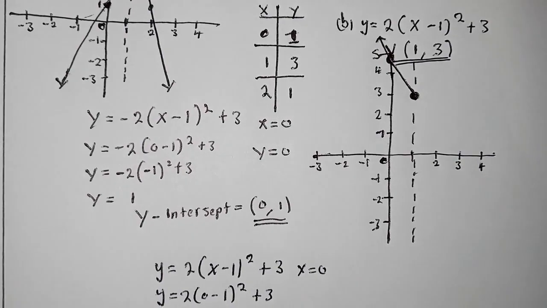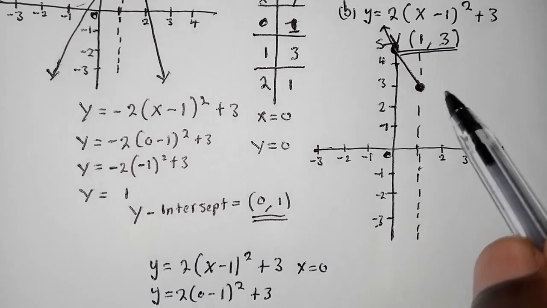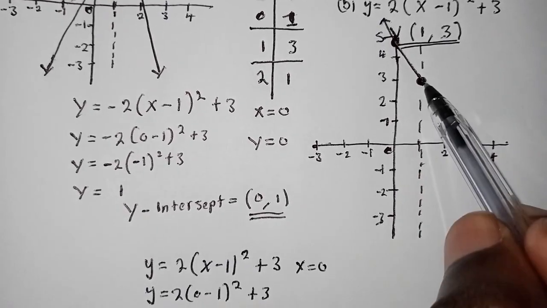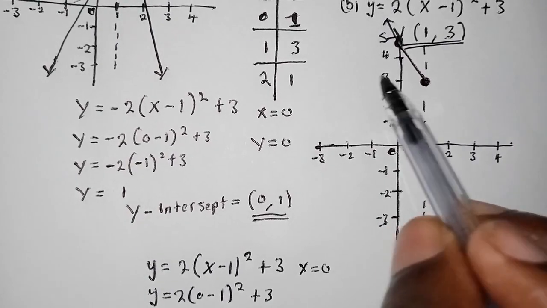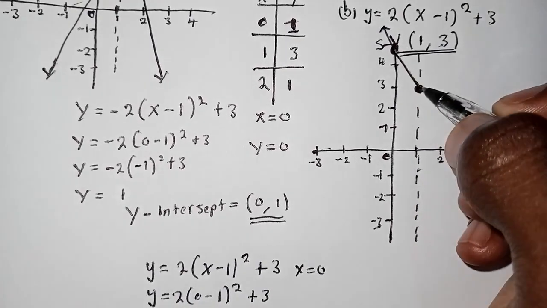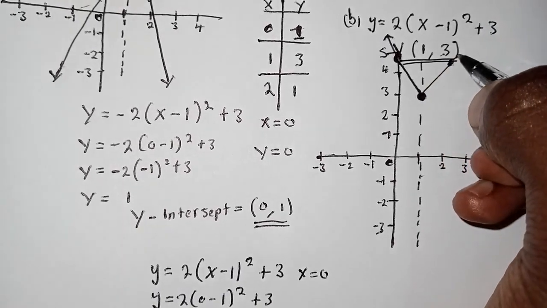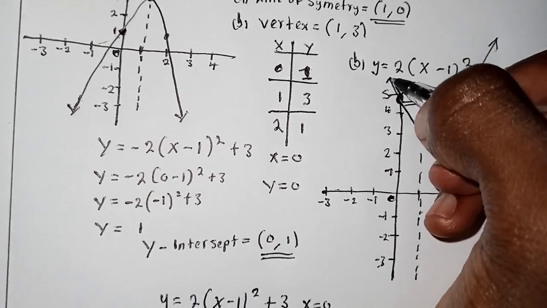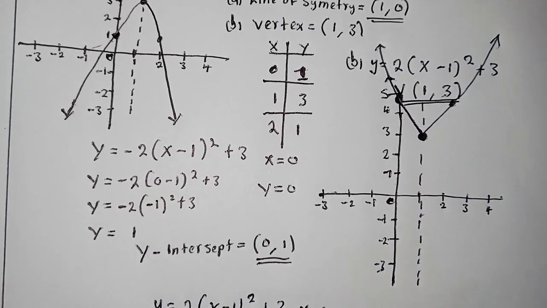Notice that from the vertex to where our point is, it's just increasing by 1 in the x direction. So in this case, we are also going to increase it by 1 in this direction. So it's going to be here, going upward like that.